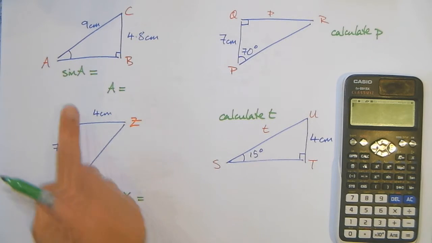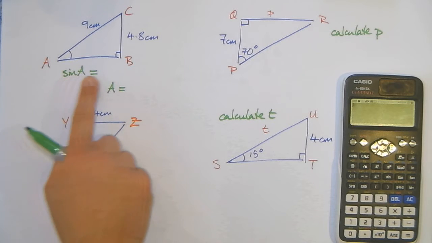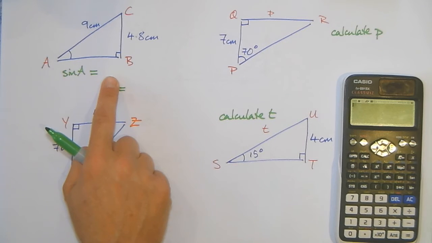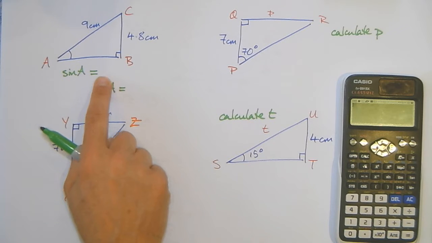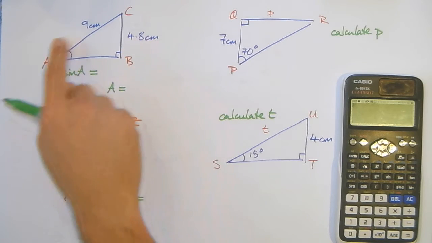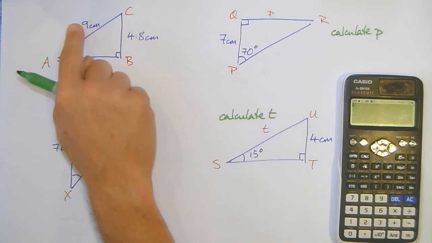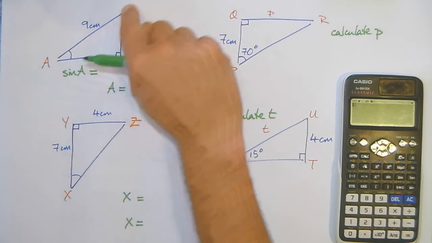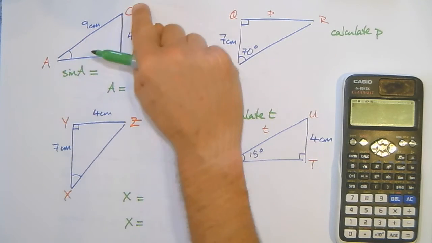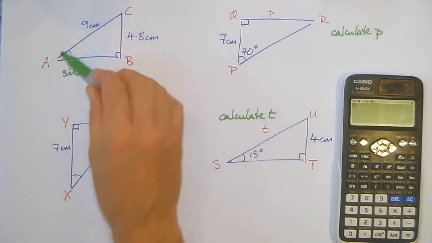If the question said, work out the value of sine A, this isn't a calculator question. Sine A uses the ratio of, well, there's angle A. Sine A will be the ratio of this side and this side. Now, this side has a name in a right angle triangle.